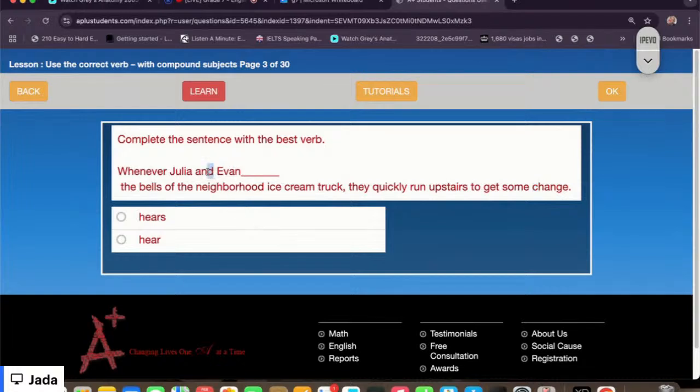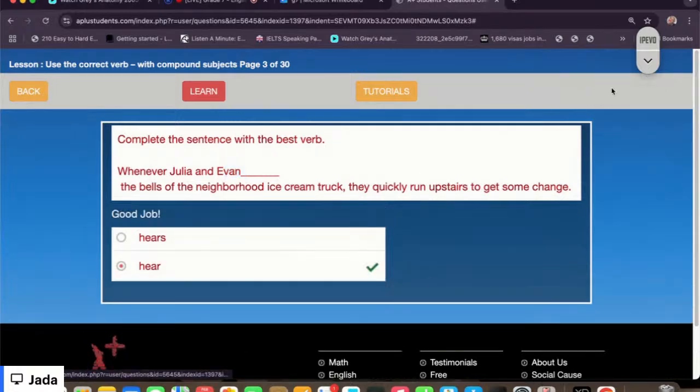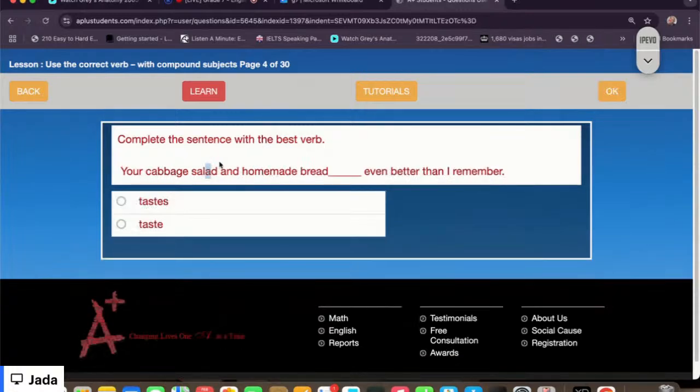We know that once we see and, it is automatically what? A plural subject. So we will have a plural verb, which doesn't have s, es, or ies. Your cabbage salad and homemade bread dash even better than I remember. So what is the right verb here?